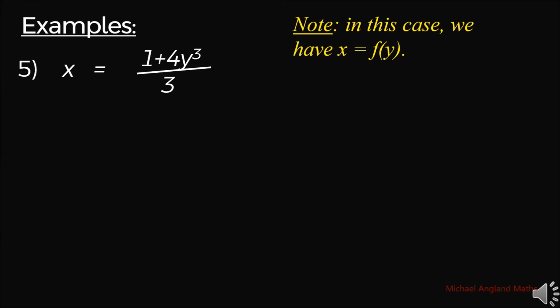And for the last example, we have x is equal to 1 plus 4y cubed over 3. This time, notice we have x is equal to some function of y. So in this case, we've reversed our variables. So x is the dependent variable and y is the independent variable.